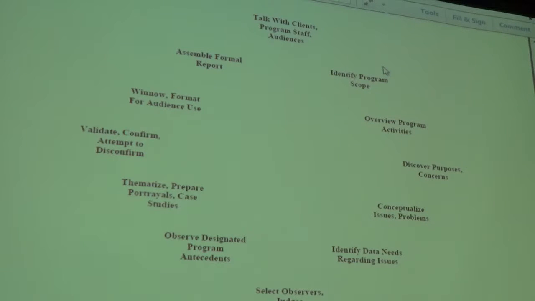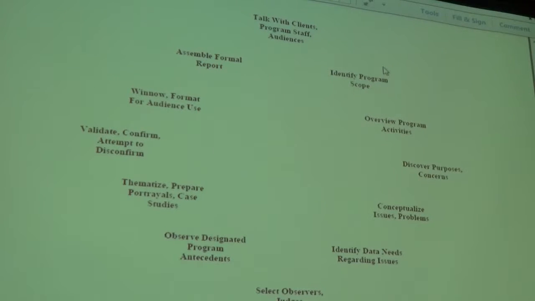Once you identify all of the steps that occurred, all the antecedents, then you prepare case studies. You identify the themes and the concepts that were articulated by program staff and also by participants. Things such as the program works well, the program doesn't work well, the program is effective, the program is ineffective.